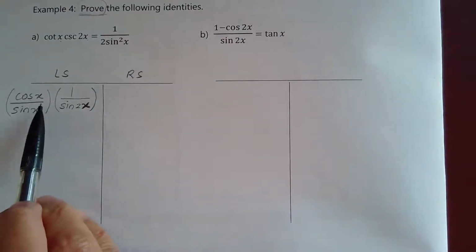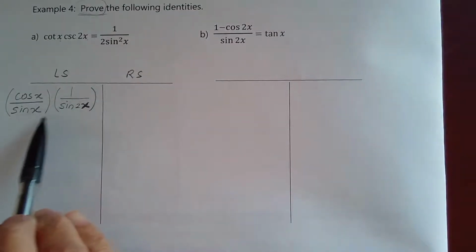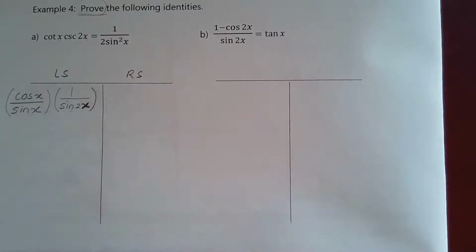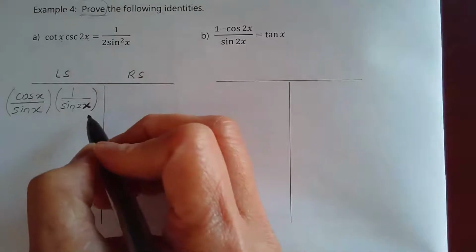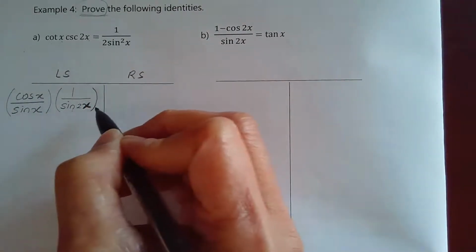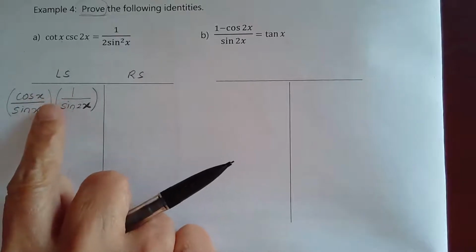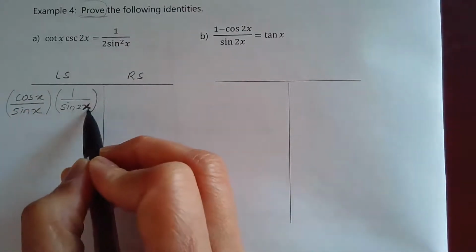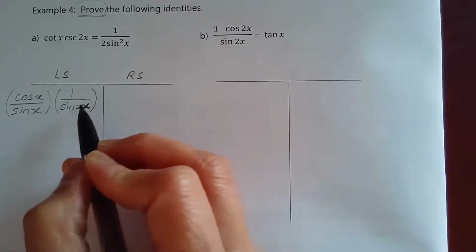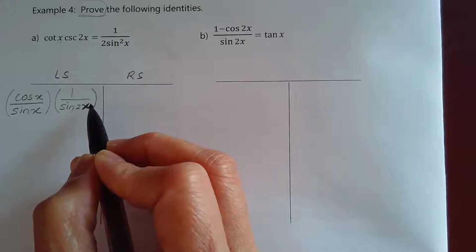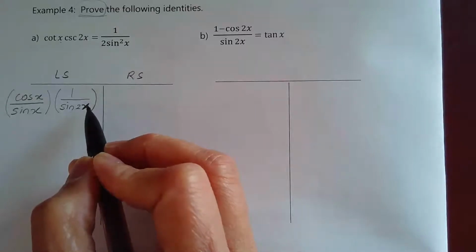Okay, well, we can't multiply these two to make a square. Like, what can we do? Because this is sine of x, and then this is sine of 2x. Well, what can we do next? Well, what's sine 2x? We can rewrite that as 2 sine of x times cos of x.